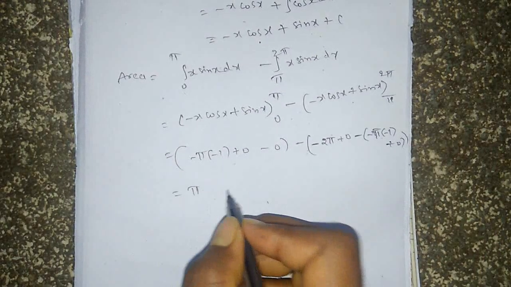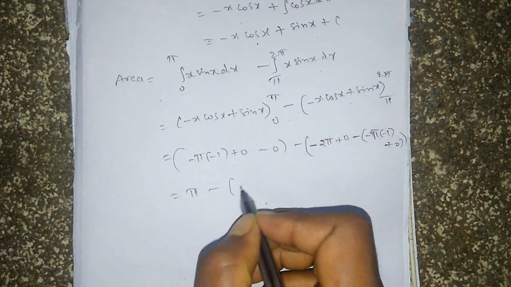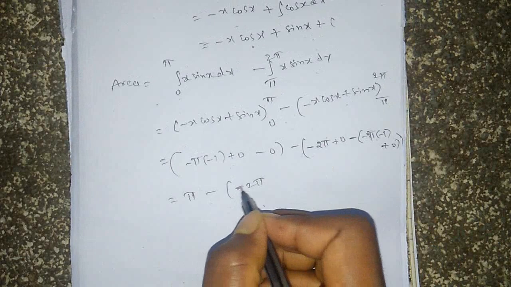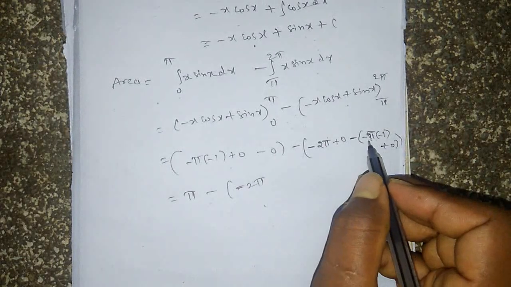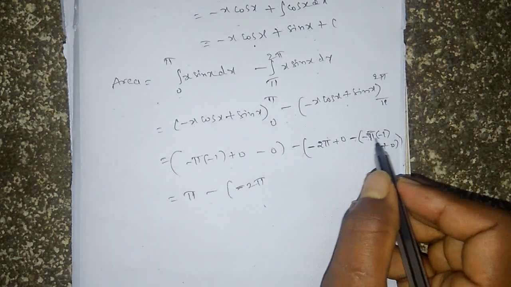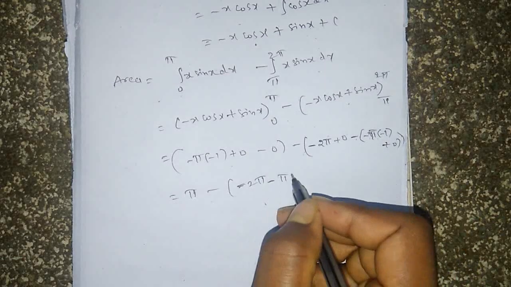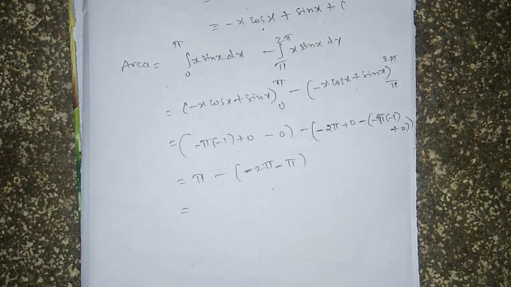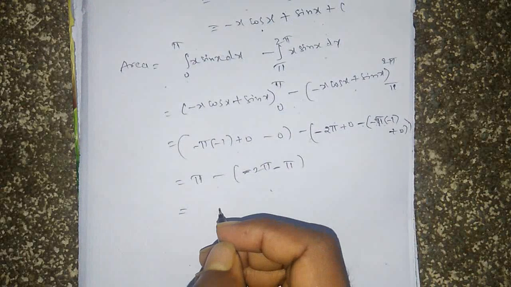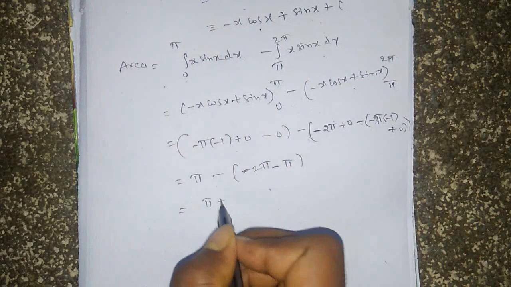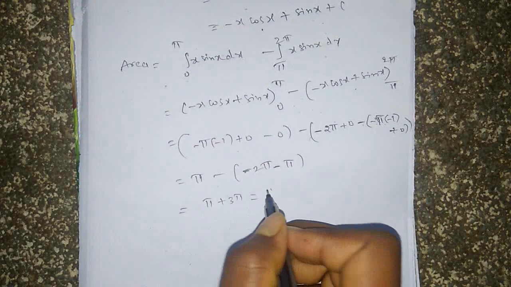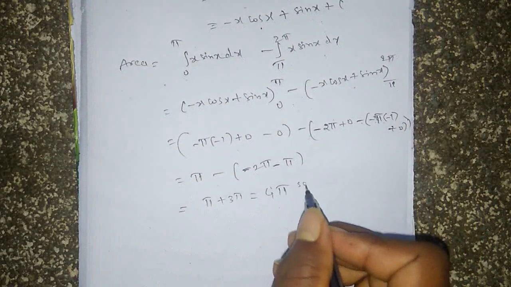This is π minus 2π, minus into minus plus, into minus π. π plus 3π, that is equal to 4π square units.